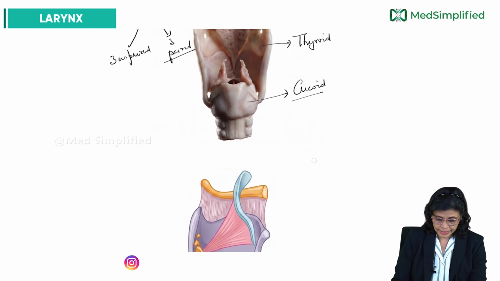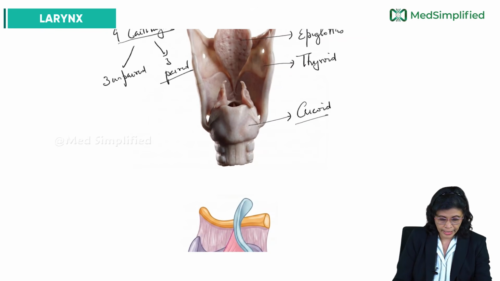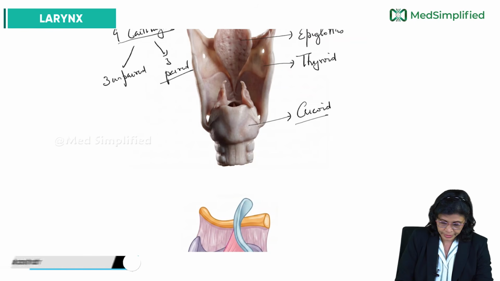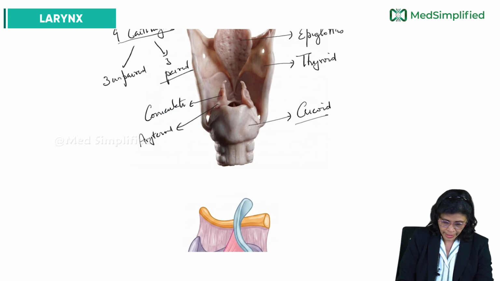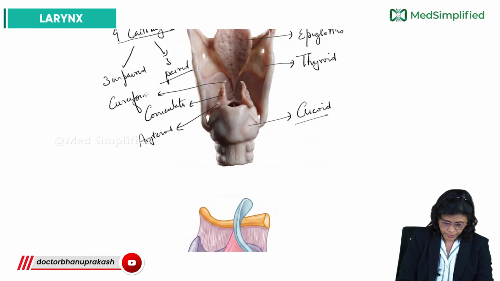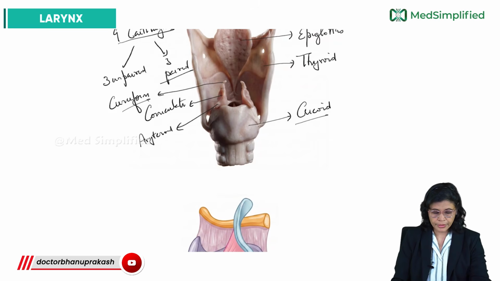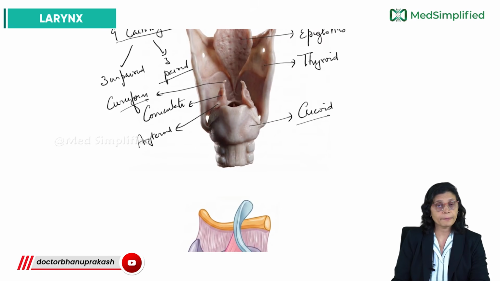Whereas the paired cartilages are the arytenoid, then the corniculate and the cuneiform. These are the paired cartilages.